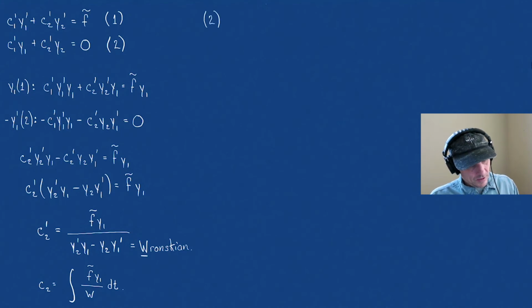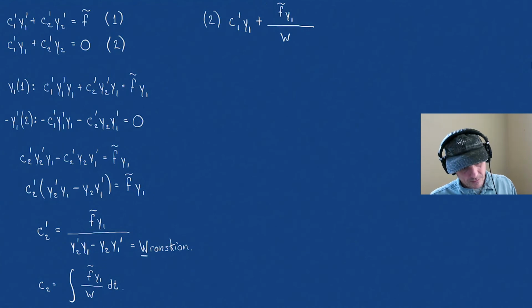That's going to be C1 prime y1 plus, now we're going to copy our C2 prime, f tilde y1 over W, times y2. This is equal to 0. And then let's move these over.